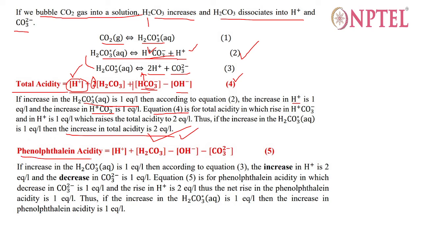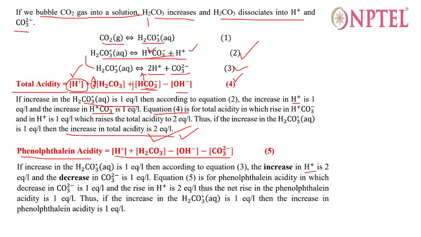And then this phenolphthalein acidity, this is the definition. By definition, you can see H plus plus H2CO3 plus OH minus, and again minus the CO3 2 minus carbonate ion concentration, right? So we have to go to equation number 3. If we increase one H2CO3, what will happen?